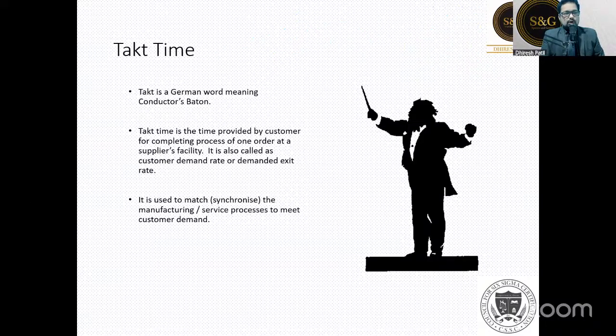Now, can you calculate your takt time? Just give a try. For example, let's say you are a doctor. You have a dispensary and the dispensary opens for 4 hours.